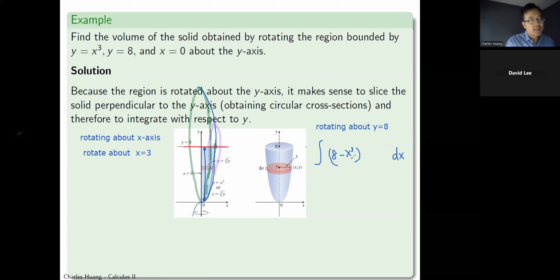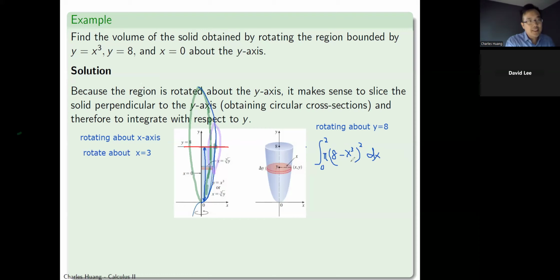And I'm going to write square inside, and I'm going to put the pi. Yeah, so that turns out to be what this rotation would look like. So this is from 0 all the way up here to 2.